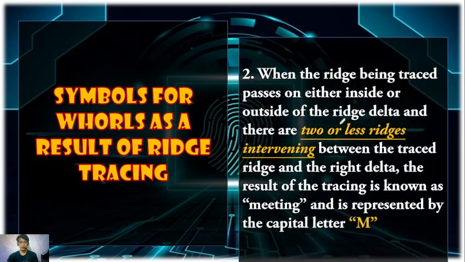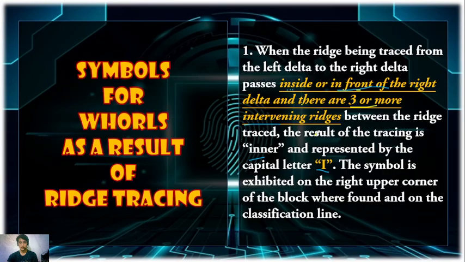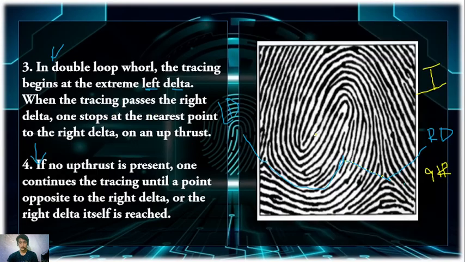And paano naman kapag ang bilang niya is mas mababa? 2 or less intervening ridges. It doesn't matter if sa taas or sa baba, or inside or outside the ridge of the right delta.